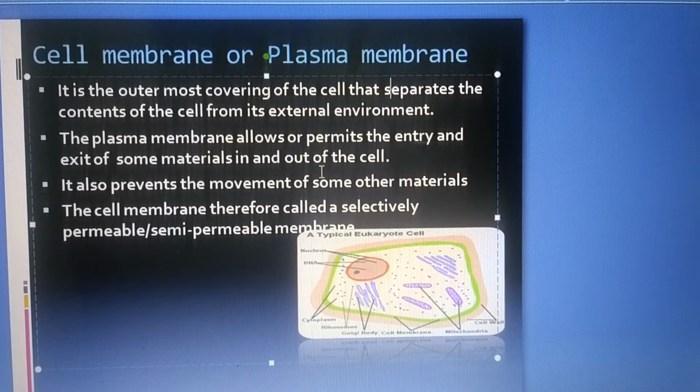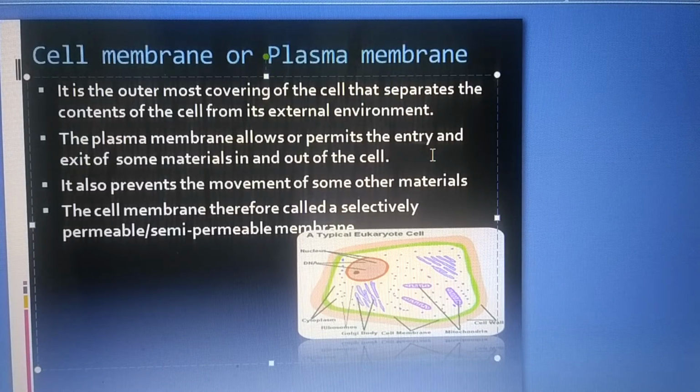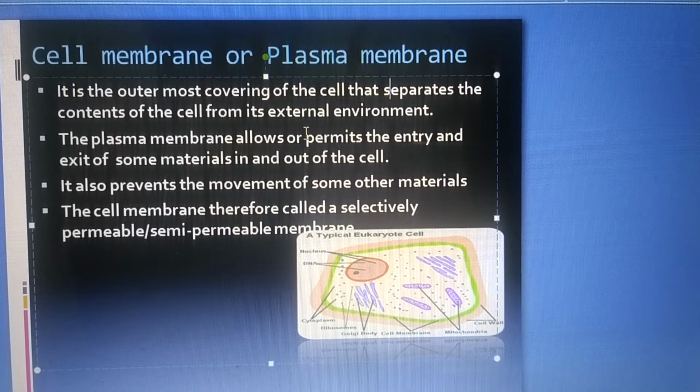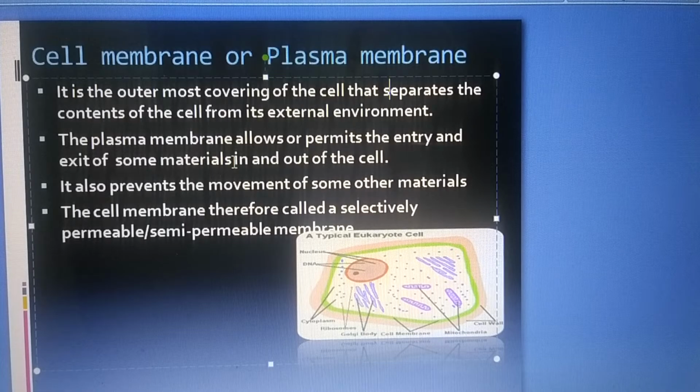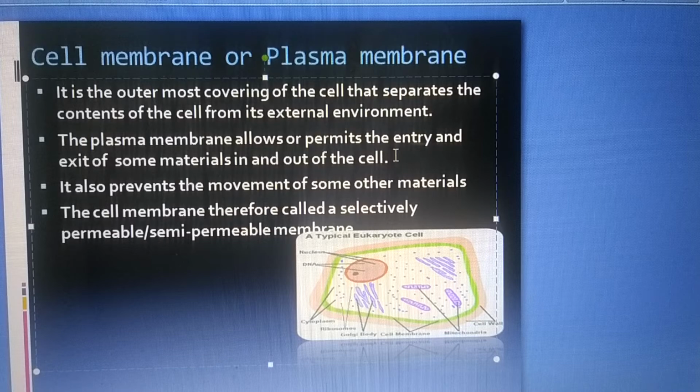As I said, it is like a room, but a room has a door, windows and so on. This plasma membrane doesn't have doors or separate windows like that. But still, it can allow certain substances. It allows or permits the entry and exit of some materials in and out of the cell as per the requirement of the cell.